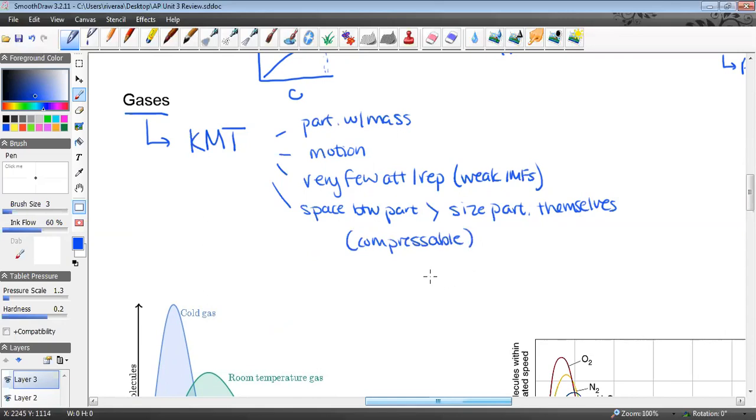There's a lot of space between those particles. So when we talk about the volume of a gas, we're not actually talking about the volumes of the particles themselves. When we talk about the volume of a gas, we're talking about the total volume occupied by that gas. So the reason why I would say that this is a 1 liter sample of a gas is because this container is 1 liter, not because these individual particle sizes add up to a liter.